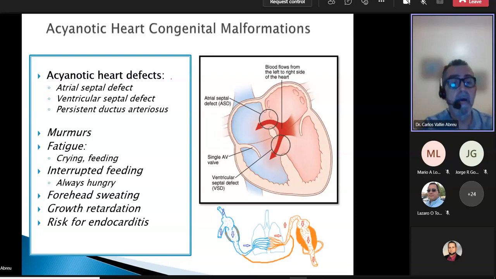So, summarizing, how you recognize in a baby that is having heart failure when they are feeding. They interrupt the feeding, but they are always hungry, and they have growth retardation. Also, when they are crying, you can notice the shortness of breath.